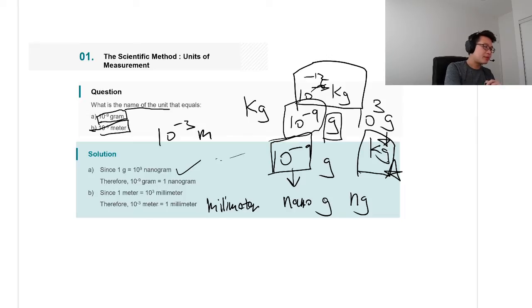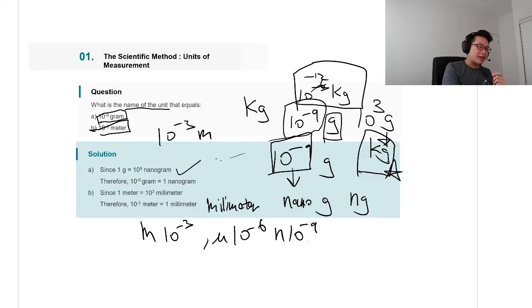We have milligram 10 to the minus 3, microgram 10 to the minus 6, and nanogram 10 to the minus 9. They are commonly used in chemistry, but they are not the SI unit. I just want to remind you.